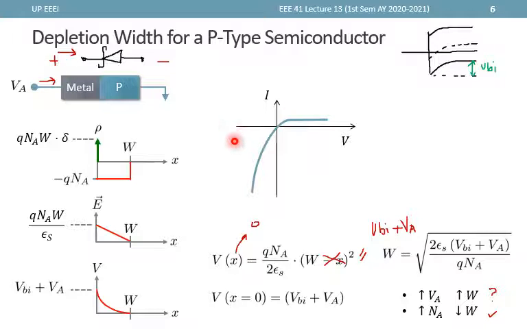So if we have our original plot, if we flip the voltage, then we'll flip along the x-axis, and we get this one. And then if we flip it for the current axis, then we'll get this plot right here.